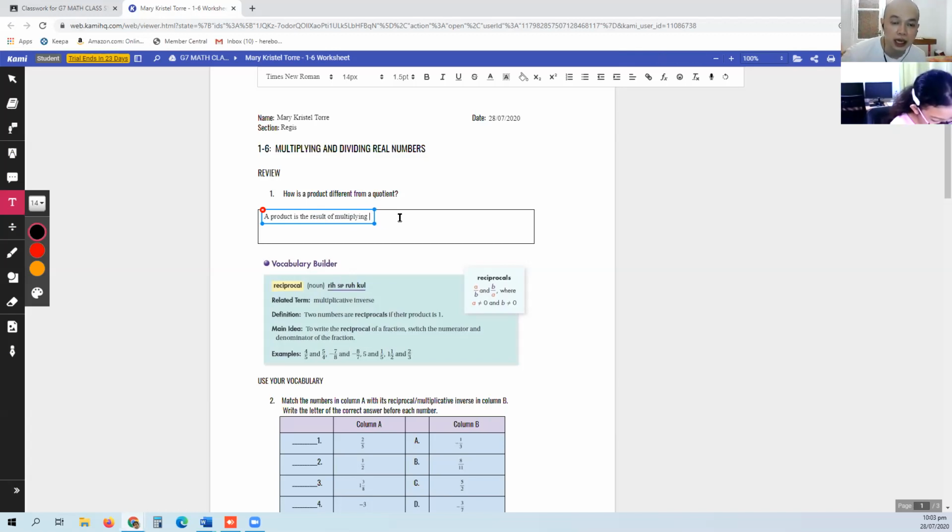Real, R-E-A-L. While, you say while, a quotient is the result, quotient, E-N-T, yes, T. A quotient is the result of dividing real numbers.